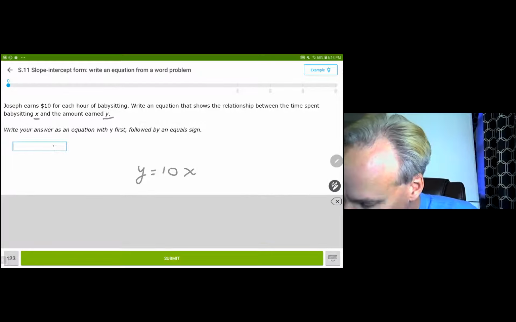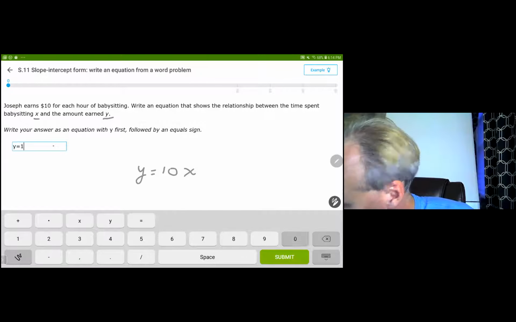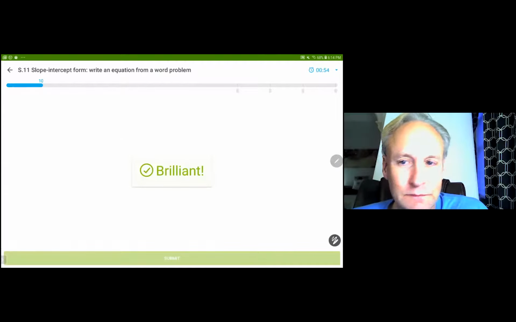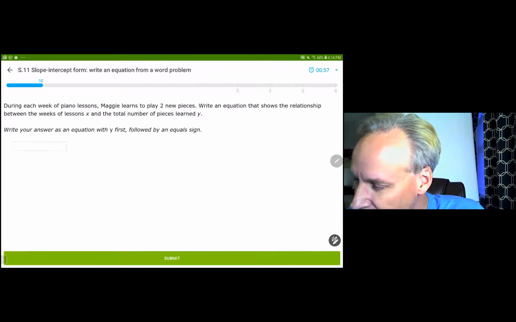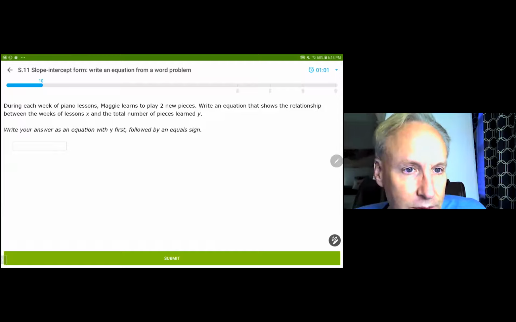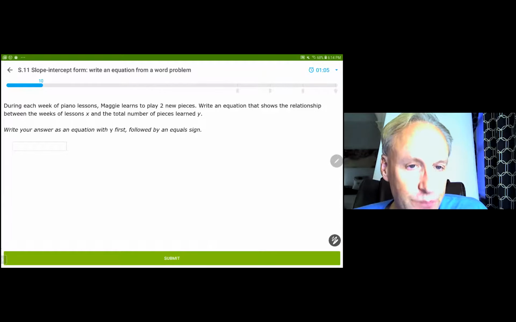Put this one in, maybe we'll get into some more details if it gets more interesting than that. So this time it says, Maggie learns to play 2 new piano pieces during each week. So 2 pieces per week. Write an equation that shows the relationship between the total number of pieces that she's learned.